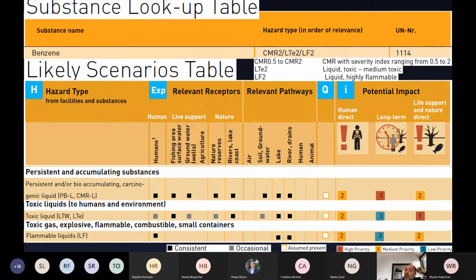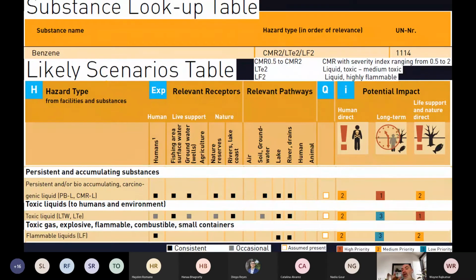Well, actually, what was done is determining the most relevant impact the substance poses to the different media. In this case, for example, the CMR looks like it poses an impact on the accumulative process of the substance.